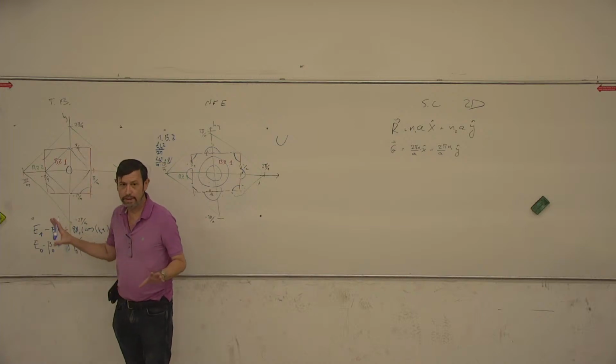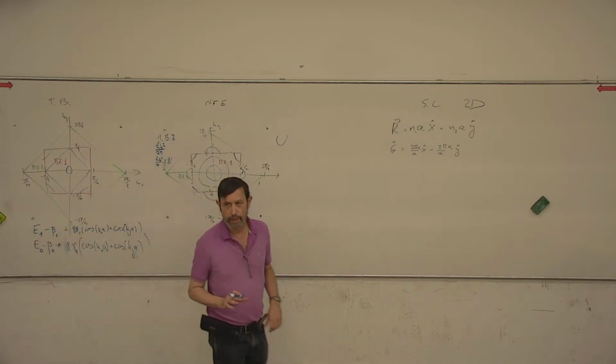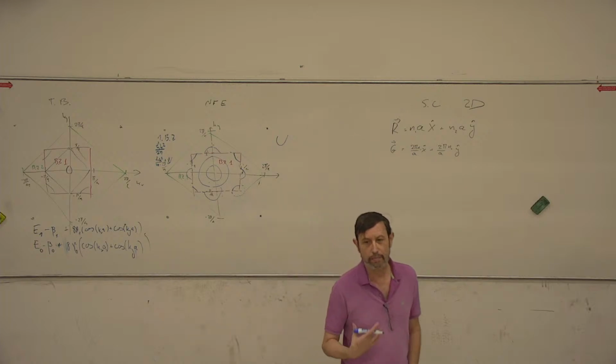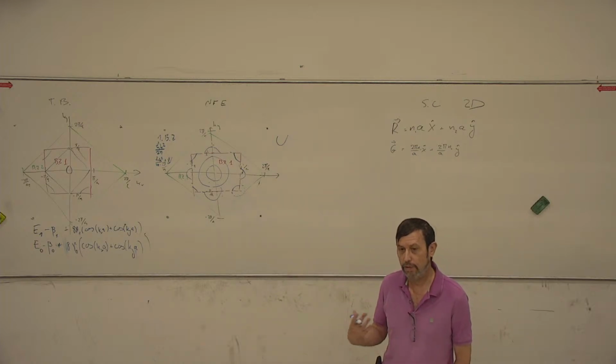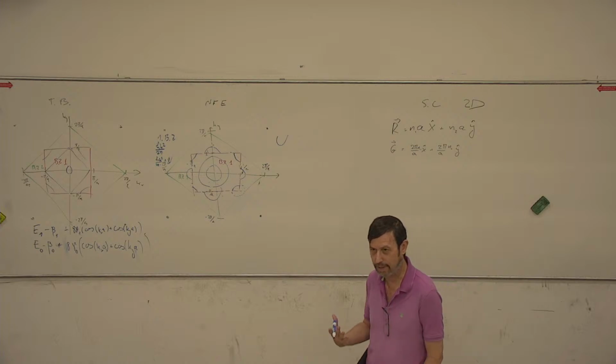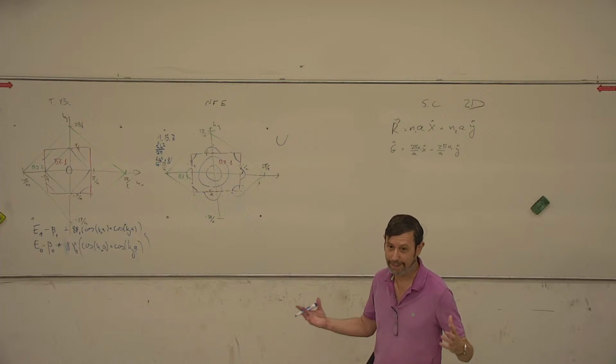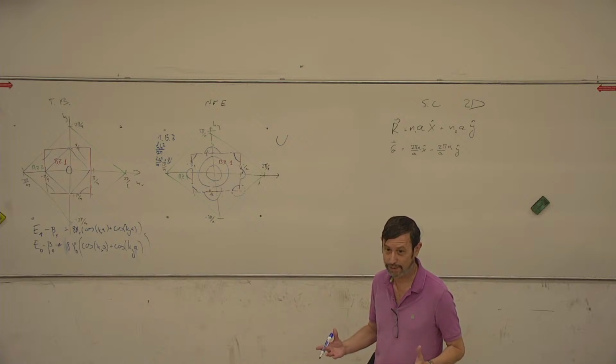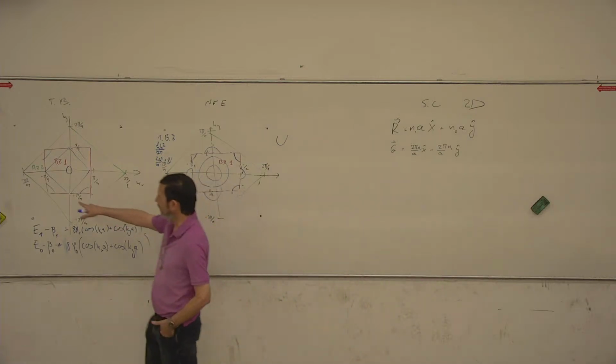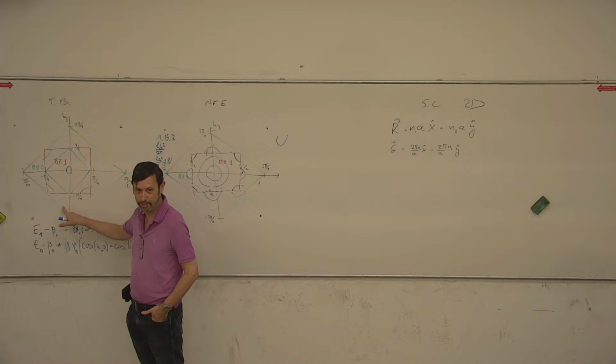You can see already that if I believe that tight binding is a good description of real lattices where electrons reside, I can get in 3 dimensions very complicated Fermi surfaces. At some point it will go into the second Brillouin zone.